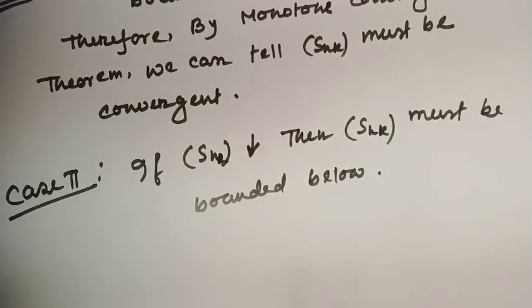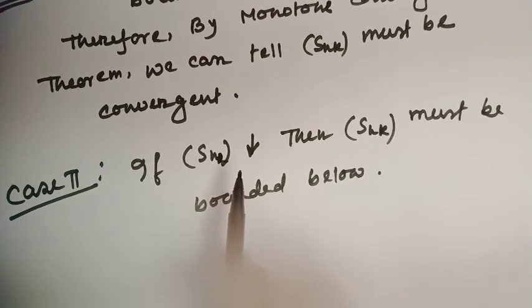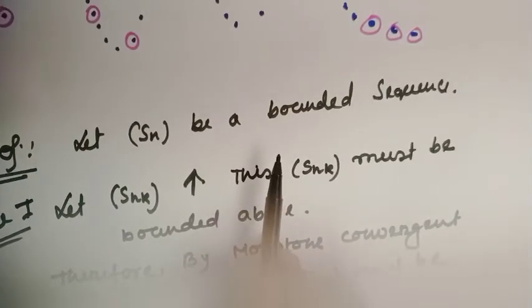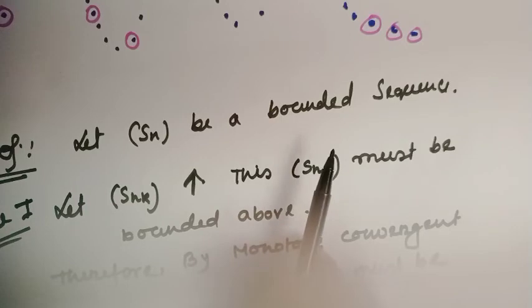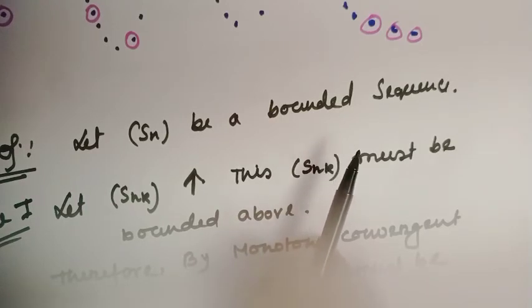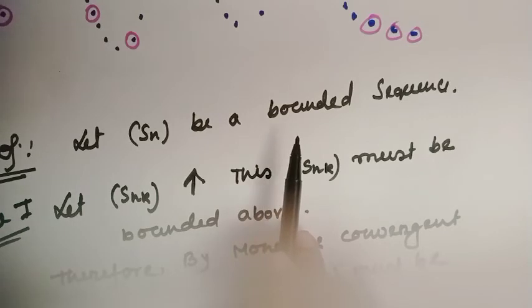Then similarly by monotone convergence theorem we can tell this monotone decreasing subsequence Snk must be convergent. Okay? That means always any bounded sequence has a convergent subsequence. Okay?